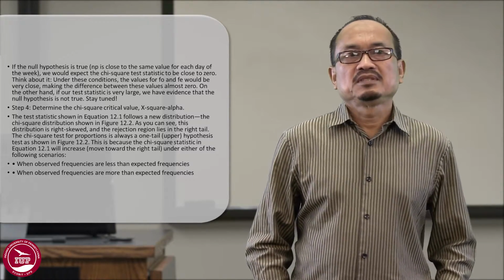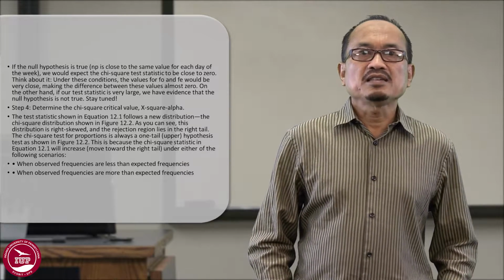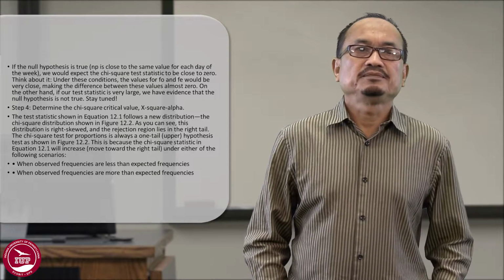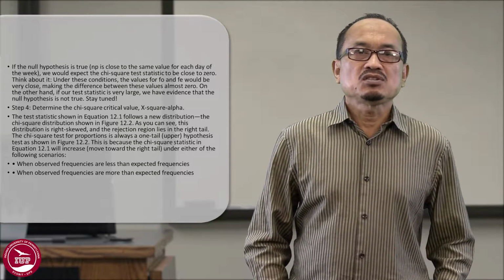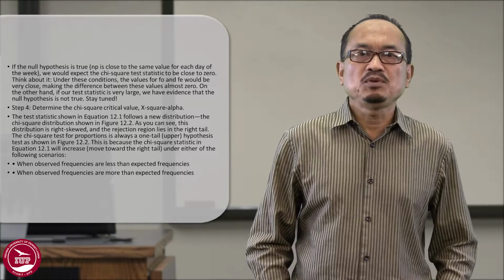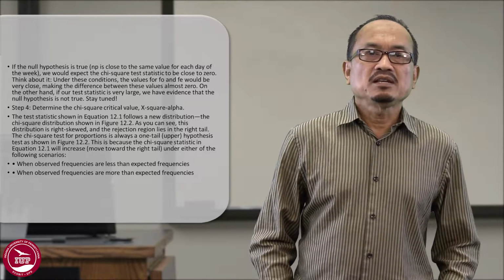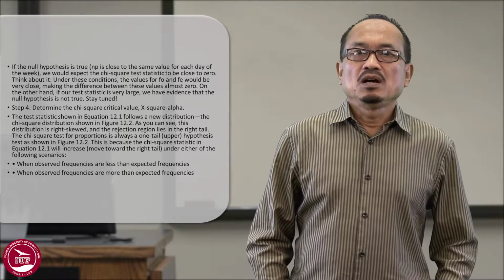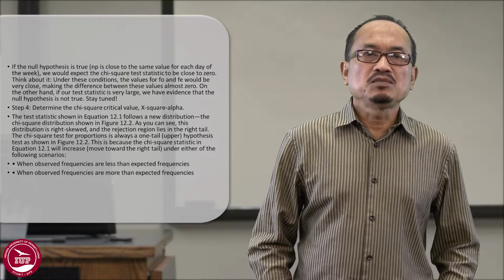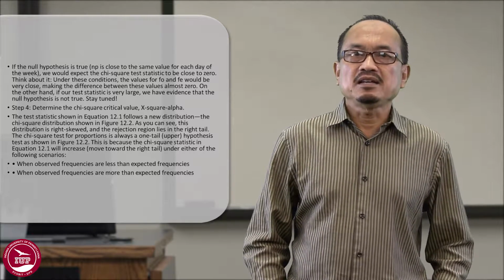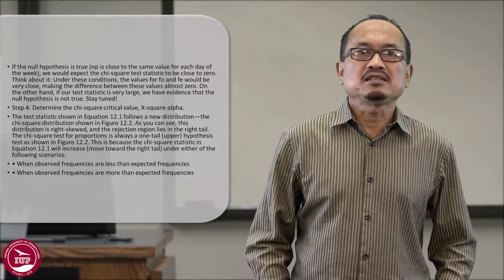Step 4. Determine the chi-square critical value, chi-square alpha. The test statistic shown in equation 12.1 follows a new distribution, the chi-square distribution shown in figure 12.2. As you can see, this distribution is right-skewed, and the rejection region lies in the right tail.